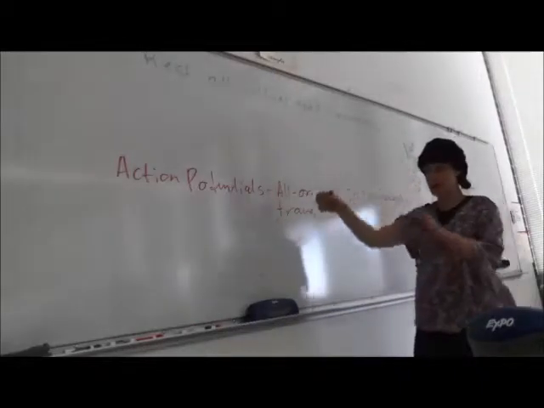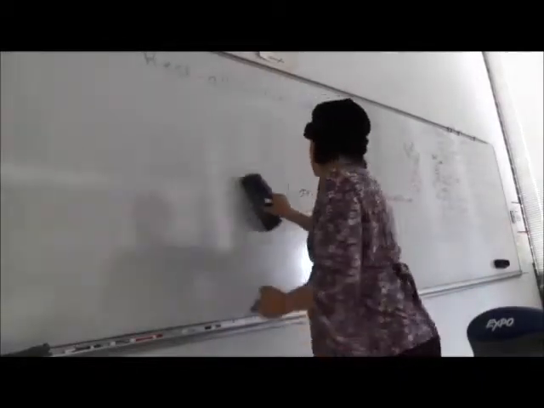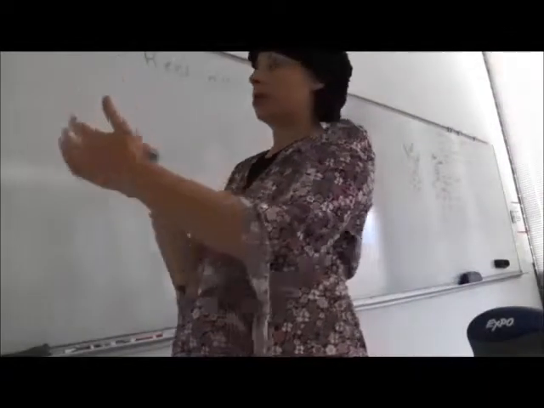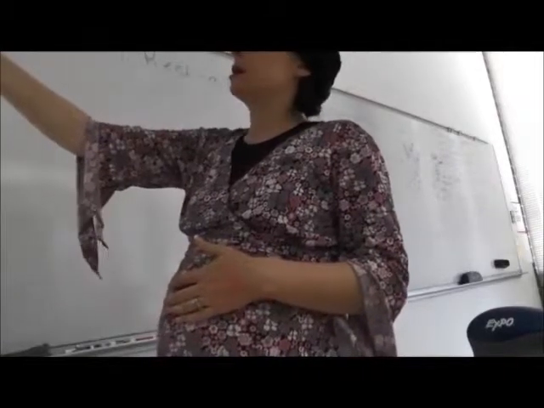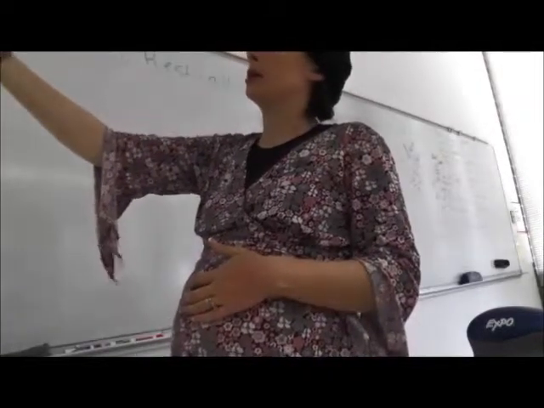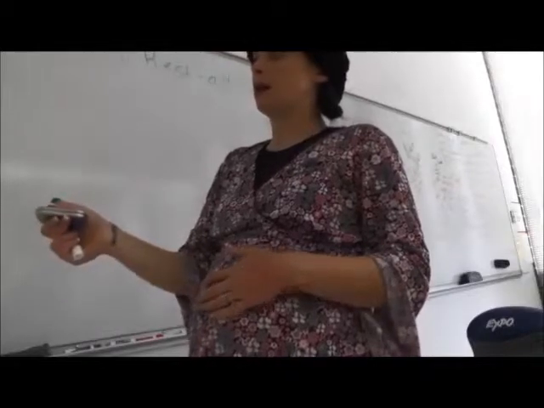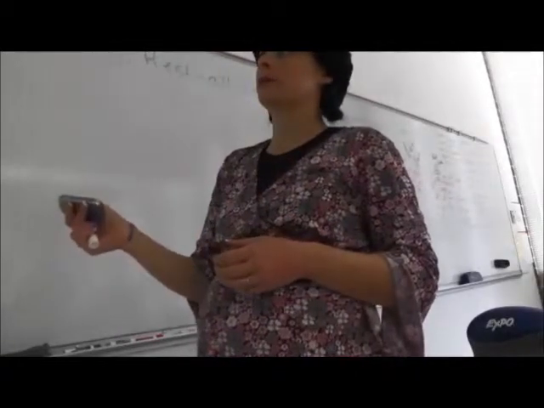Our resting membrane potential is being maintained just by these three: our sodium leak channel, our potassium leak channel, and our sodium-potassium pump. They're all doing their thing, keeping us at rest. If we're looking at a graph of the voltage, we're sitting here at rest and nothing's going on. Resting state, all of our voltage-gated channels are closed.